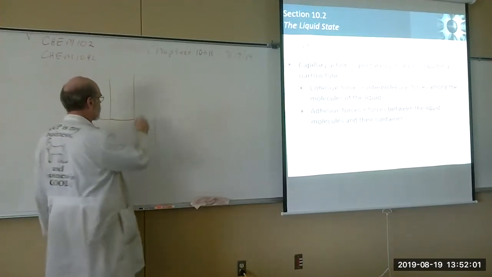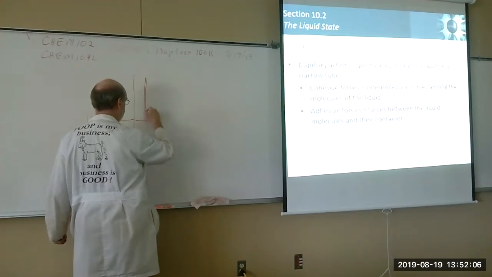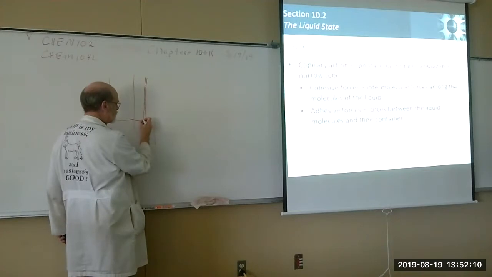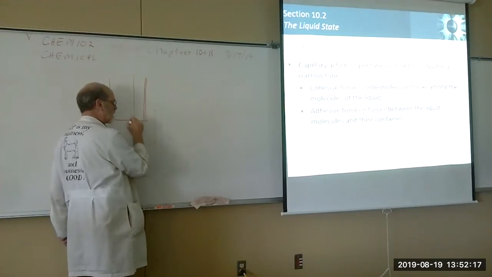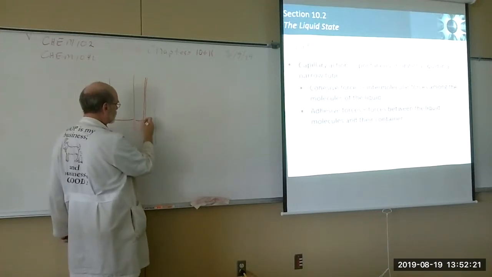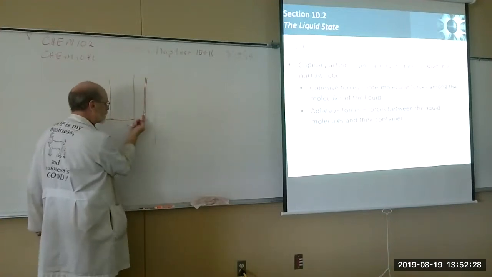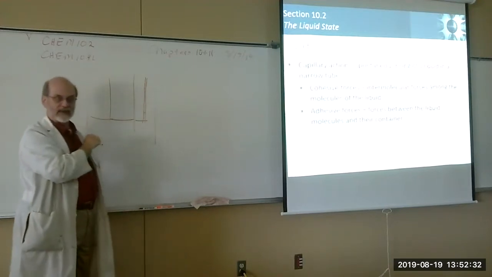But if you have a very narrow tube, the surface tension is high enough, and the attraction between the liquid and the glass tube, particularly in the case of water, is high enough so that it pulls itself up to a point where the force that's holding it up is balanced by the force of gravity that's pulling that column down.